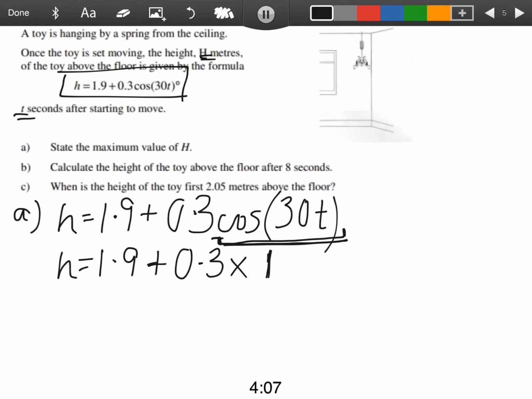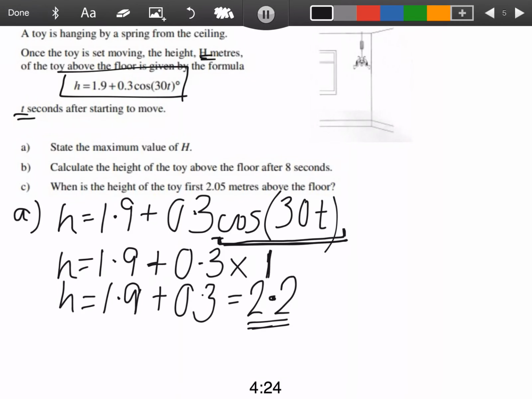So the maximum value that 0.3 times cos can ever be is 0.3 times 1. So the maximum value the height can ever actually be is 1.9 plus 0.3, which is actually 2.2. 2.2 what? Centimetres, metres? Does it say? The height's in metres. 2.2 metres.